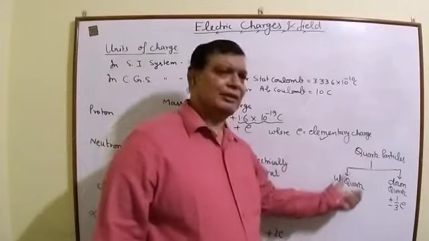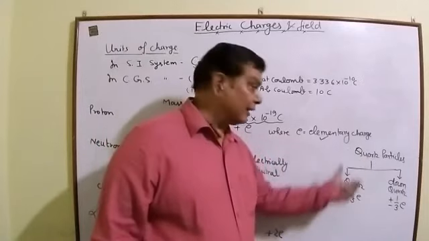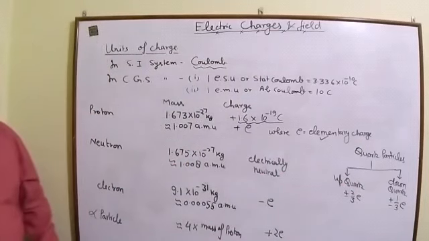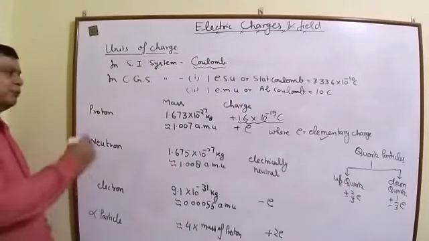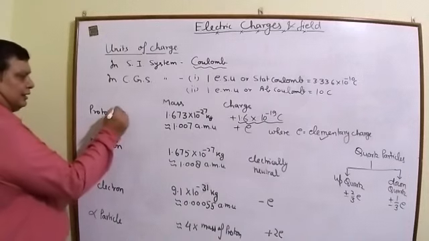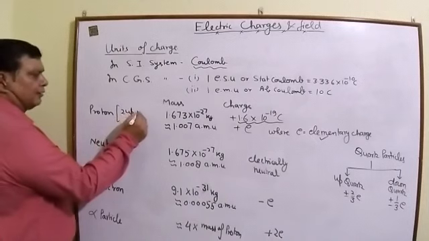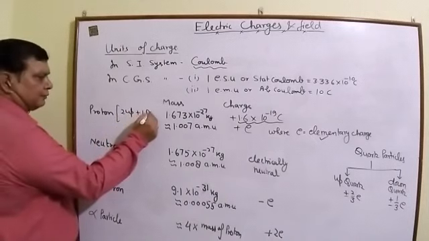Now that I have discussed these quark particles, I can tell you the composition of the proton. The composition of the proton is 2 up quarks and 1 down quark.